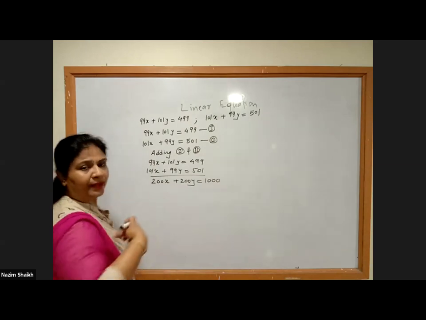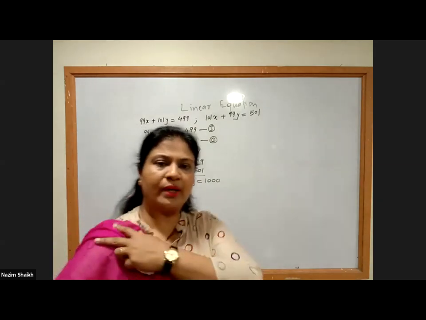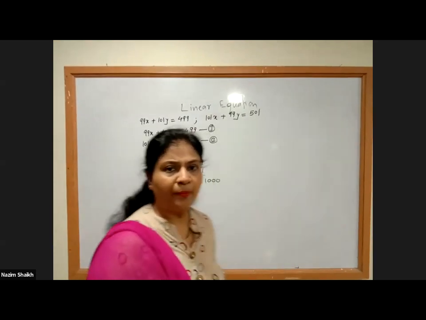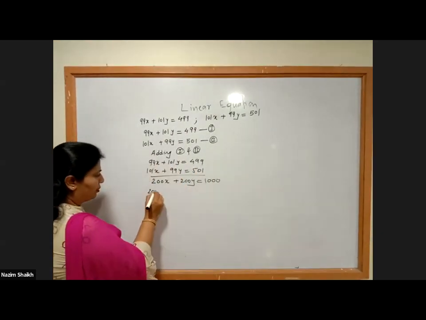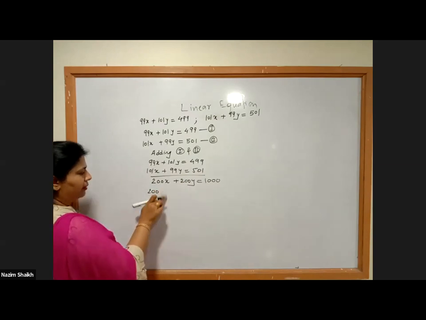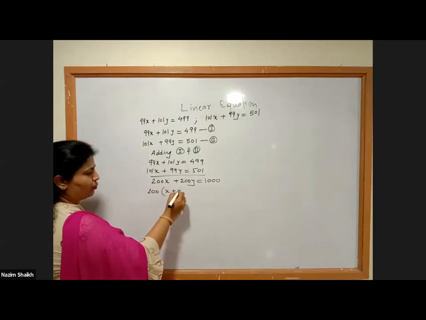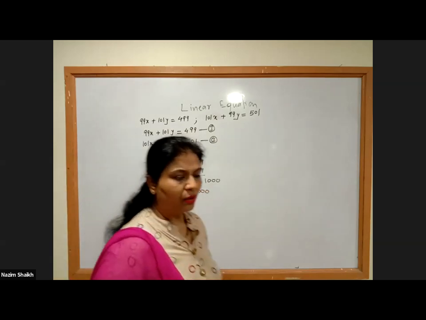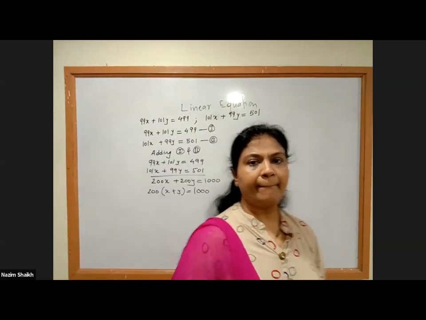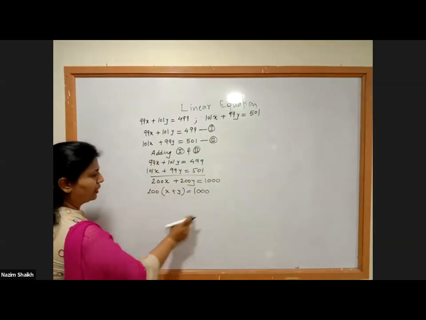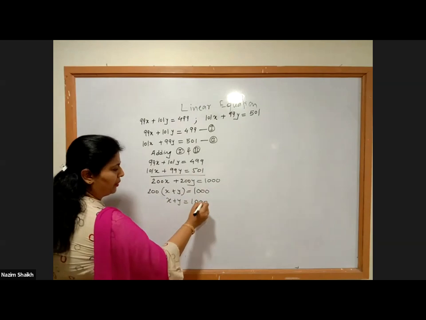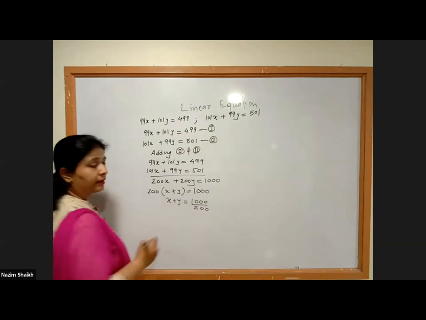Now in both, 200x and 200y, what is common? Number 200, I can take it out common. So 200 bracket x plus y is equal to 1000. Now this 200 will divide there. So x plus y is equal to 1000 upon 200.